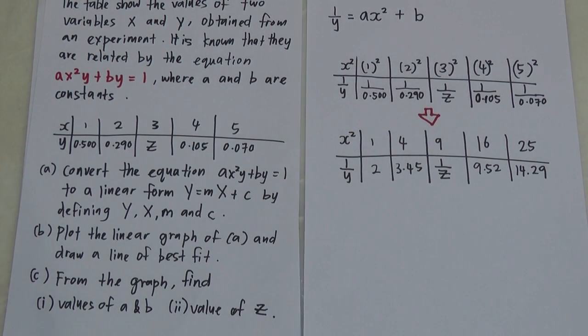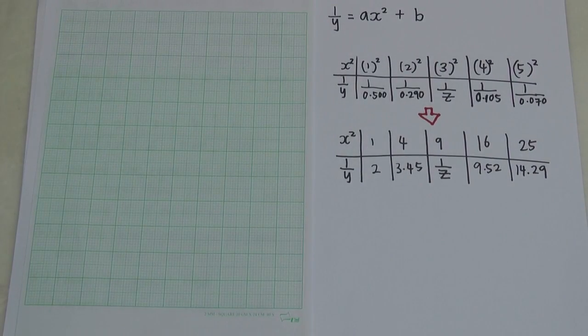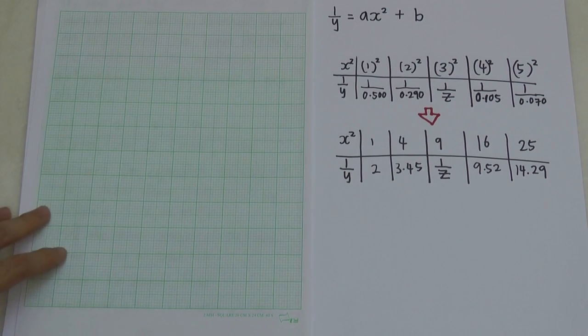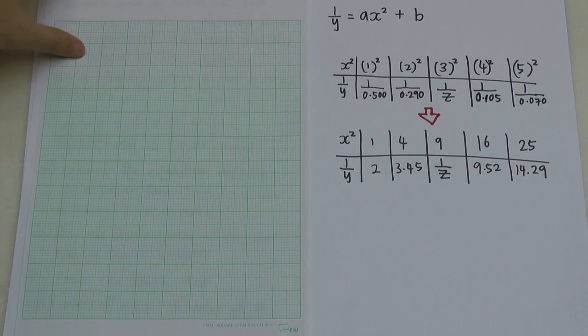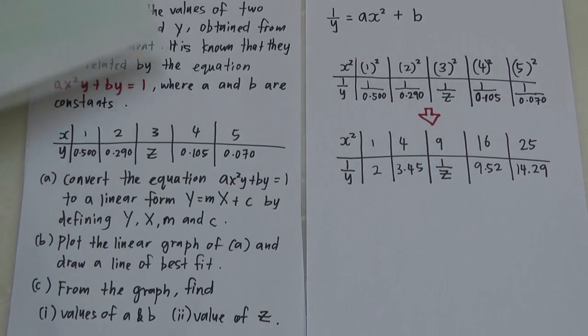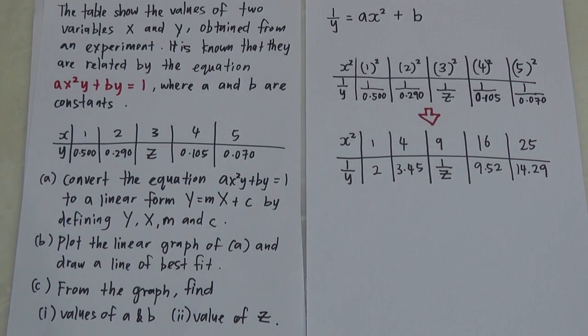Right. Then after I solve this one, I have to think, how am I going to plot the graph paper? In order to plot on graph paper, I'm going to show you an empty graph paper. Of course, I already pre-drew it, but I just want to show you, because in this kind of question, the question didn't give you any information on the horizontal axis or vertical axis, like what scale they want.